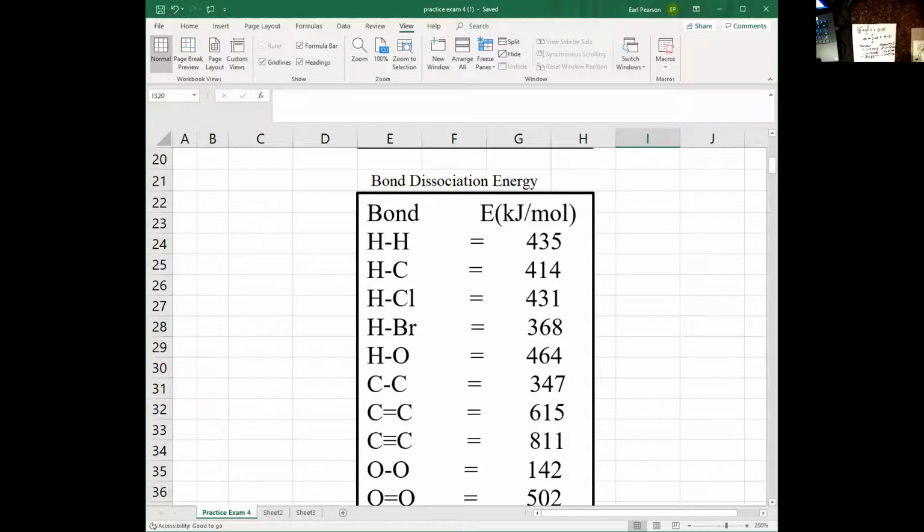Plus, I'm going to add the 331 plus 431. And over here, I'm coming out with a total of 2004 kilojoules involved in this. Now, this sign is negative and this one is positive, breaking bond.